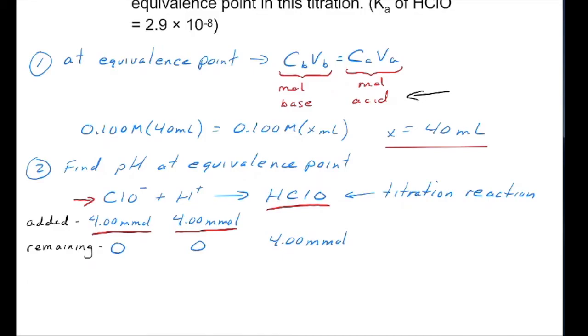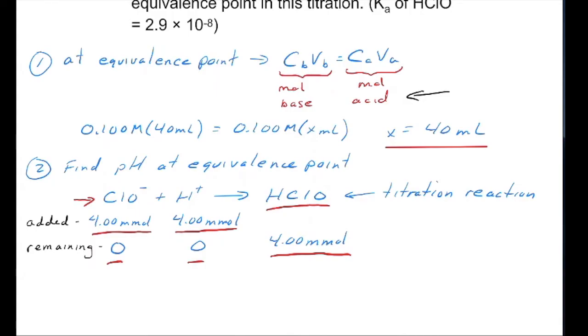So after that reaction has happened, how much of each of those components is left? Since this is a complete reaction, we end up with no ClO minus remaining and no H plus remaining, because that has all been converted to HClO. So now we know that we have 4 millimoles of HClO in solution at the equivalence point.